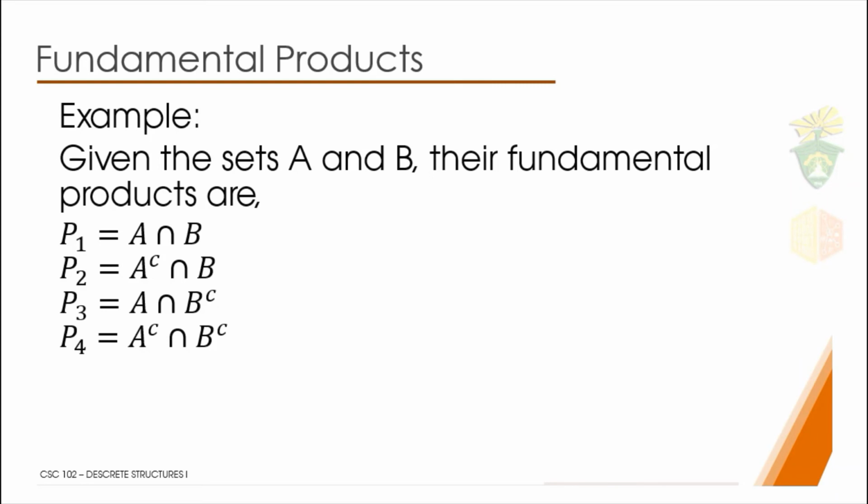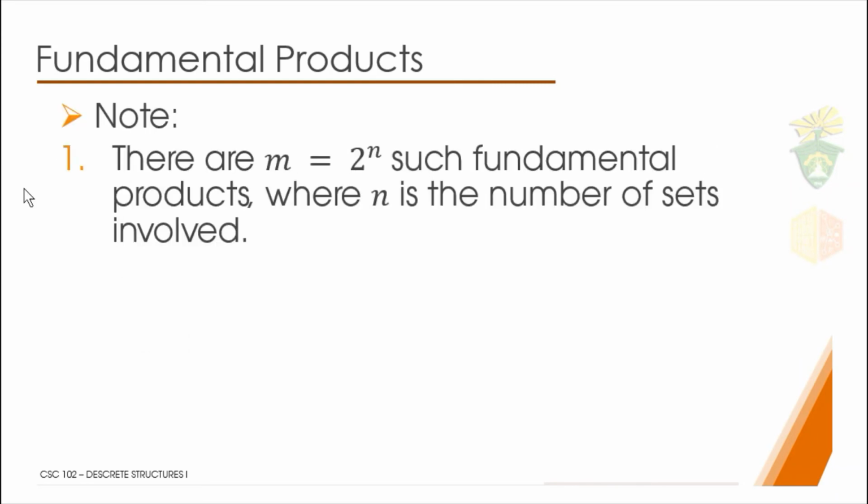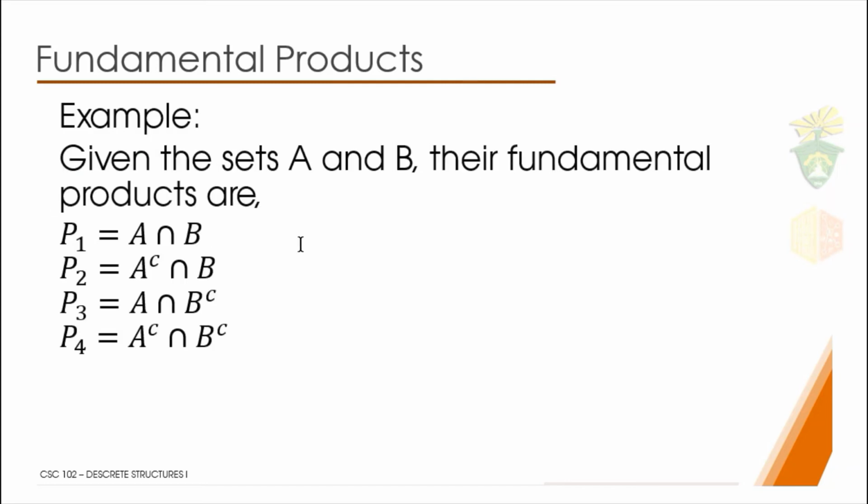So basically, we note that there are 2 to the n fundamental products, wherein n is the number of sets involved. As you can see here, we have two sets involved, A and B. So we have four fundamental products since we have 2 to the 2.